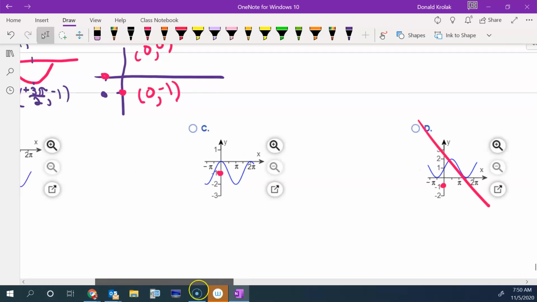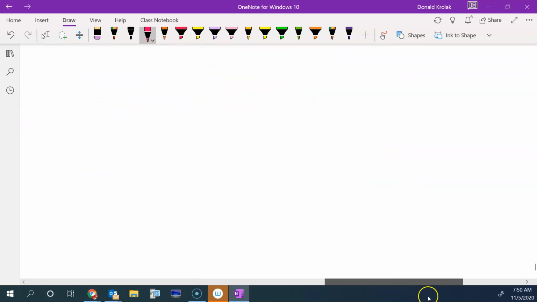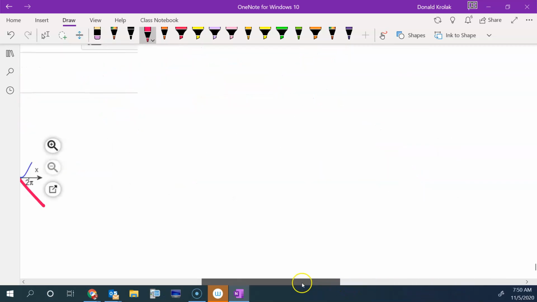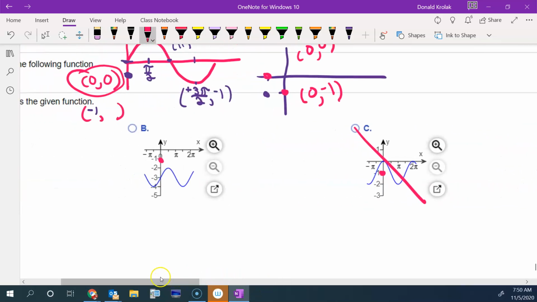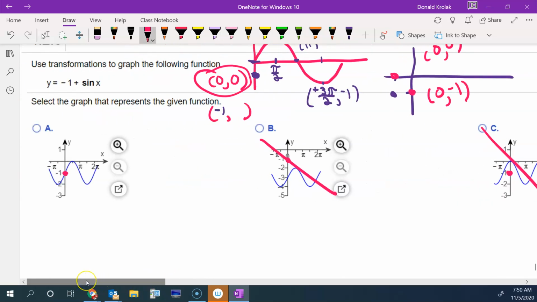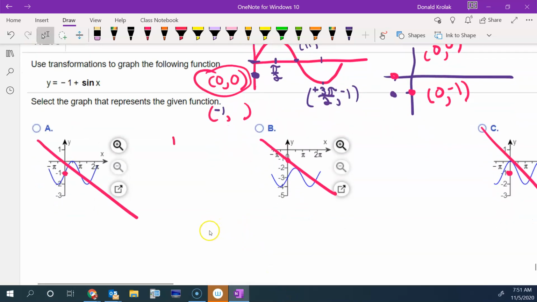So I know it can't be D. I know it can't be C. And I know it can't be B because it doesn't go through that point. The only one that works is that. It took a sine graph.